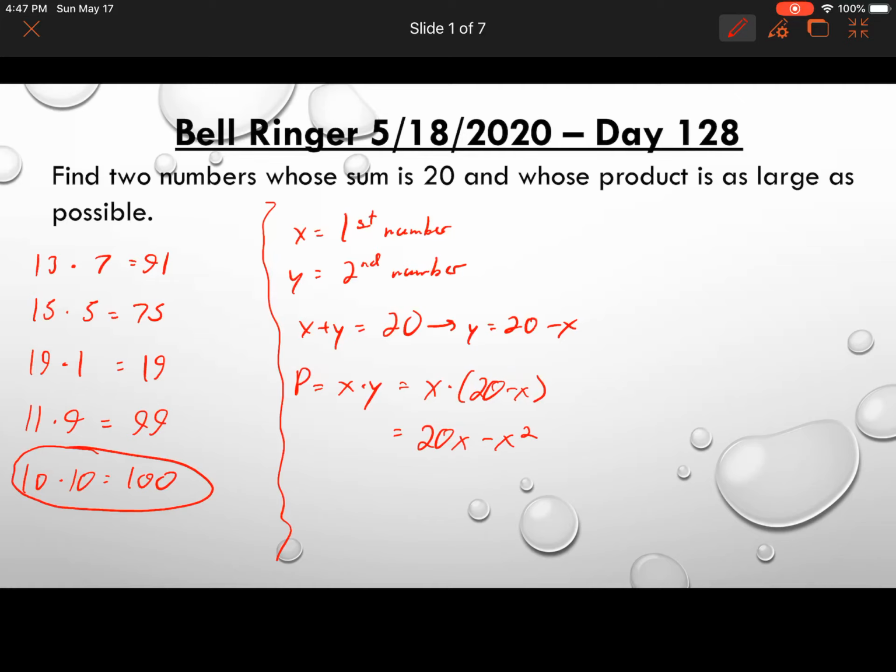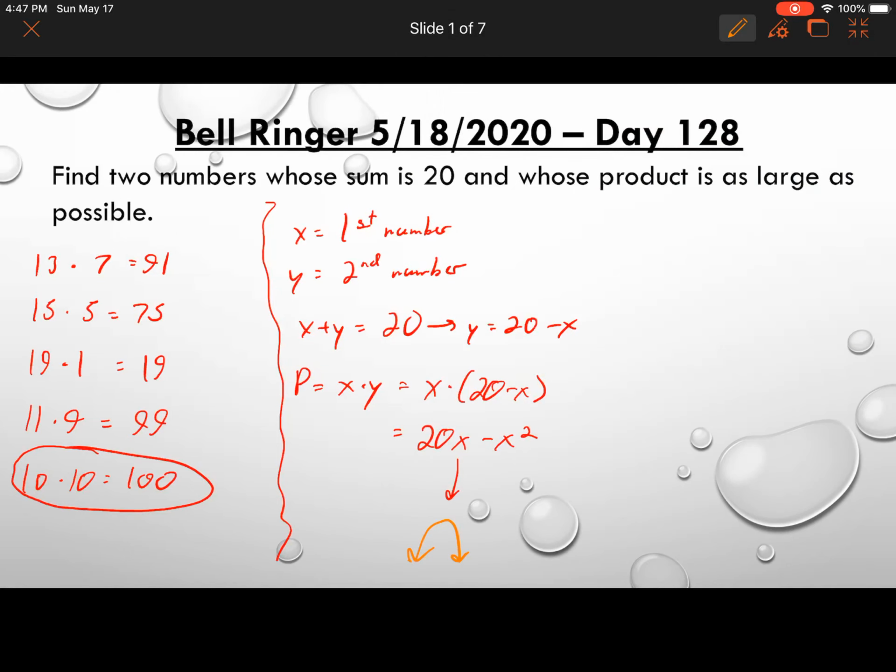So what's the relevance of this equation? Hopefully, if you remember back to Algebra 1, since the largest power is X squared, we call this type of equation quadratic. If we were to graph this quadratic, it would look like a parabola. Since there's a negative in front of the X squared, the parabola would open downward.